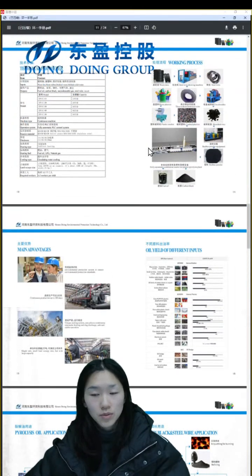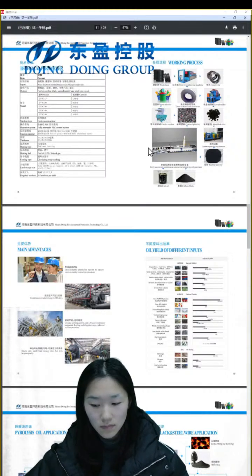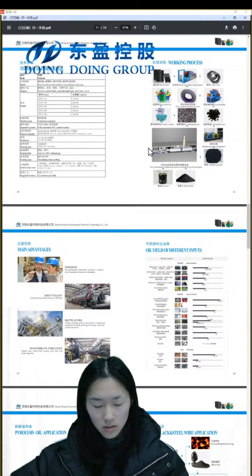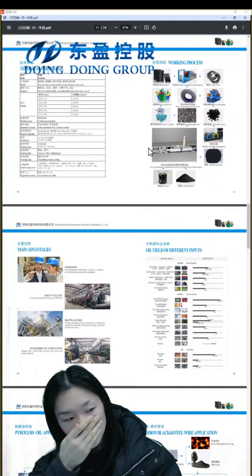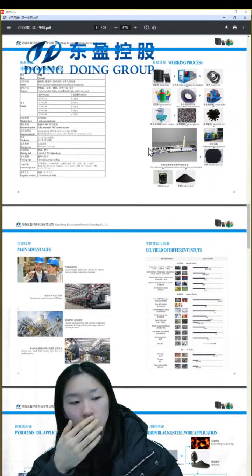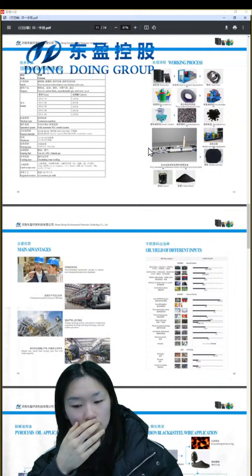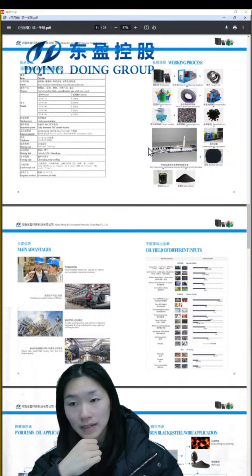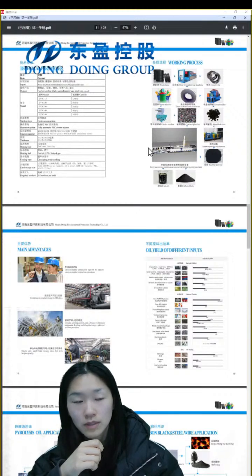But you also need to consider the sale price of plastic. If the plastic price is very high, at that time you can buy waste tires as your raw material and then pyrolyze it to do this project, ensuring your profit.